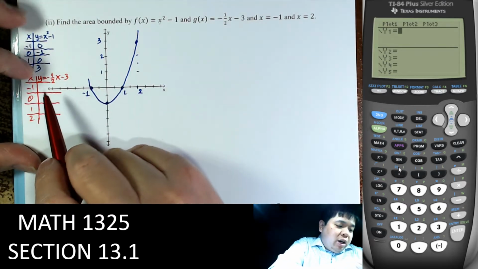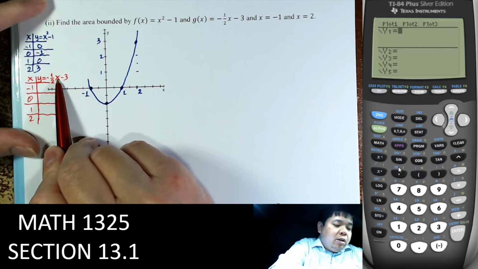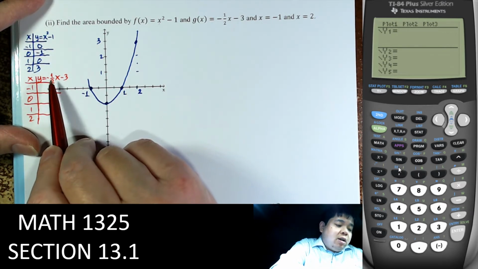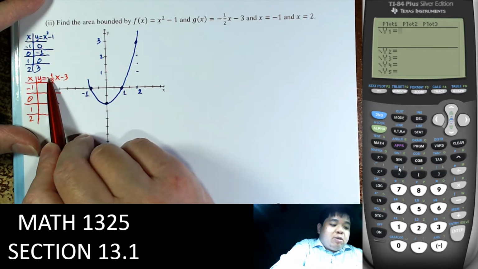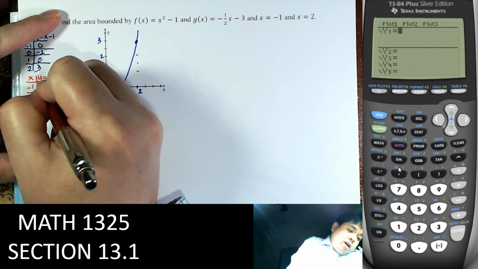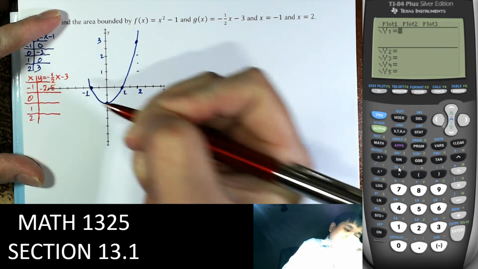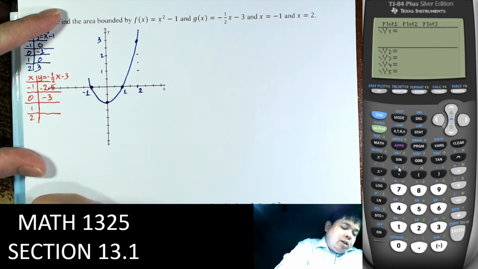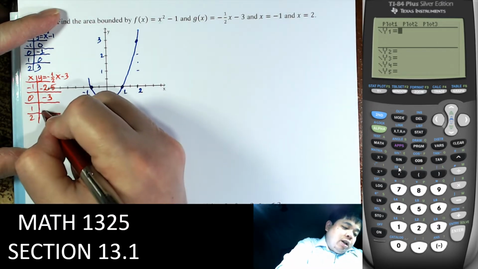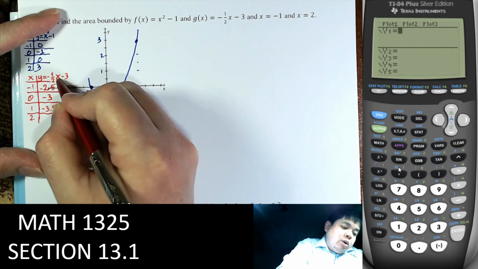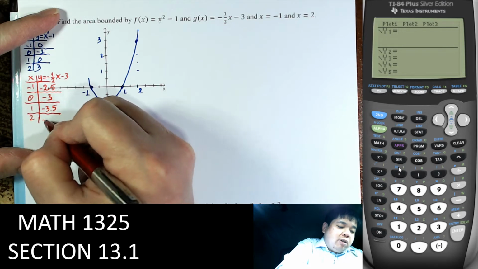When x equal to -1, put in here, negative times negative is positive, so -3 plus 1/2, that would be, if we write decimal, -2.5. Put 0 in there, that would be -3. Put 1 in there, -3.5. And put 2 in there, 2 and 2 cancel out, that's -4.